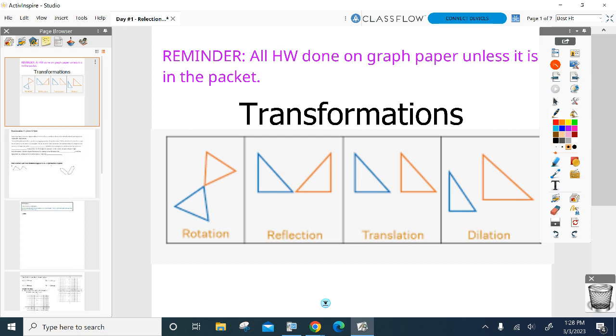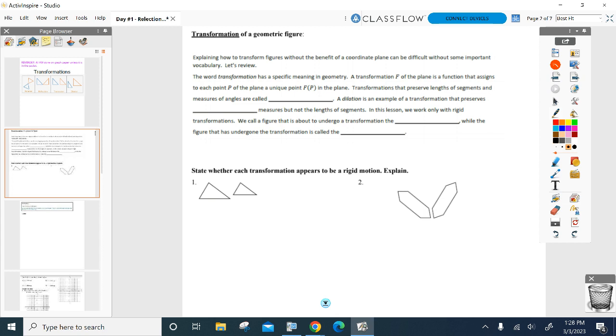Now, let me give you a new vocabulary term. After I move that figure, if the angles remain the same and the sides remain the same, aka what word am I talking about here? They remain congruent. We have a word for that. So if the two figures remain congruent at the end, we just performed what was called a rigid motion.